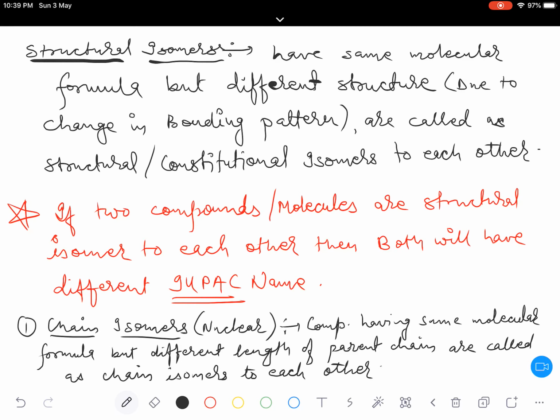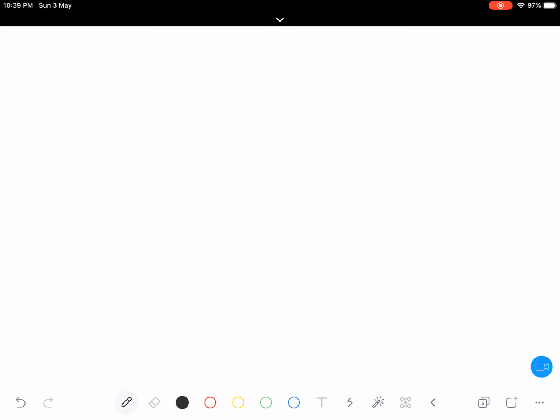Now, we can provide a definition, but most of the time, particularly in chemistry, the definition cannot explain everything until we go through various examples. So here I would like to take different examples of chain isomers, with the help of which we will understand what kind of species can be called chain isomers to each other.